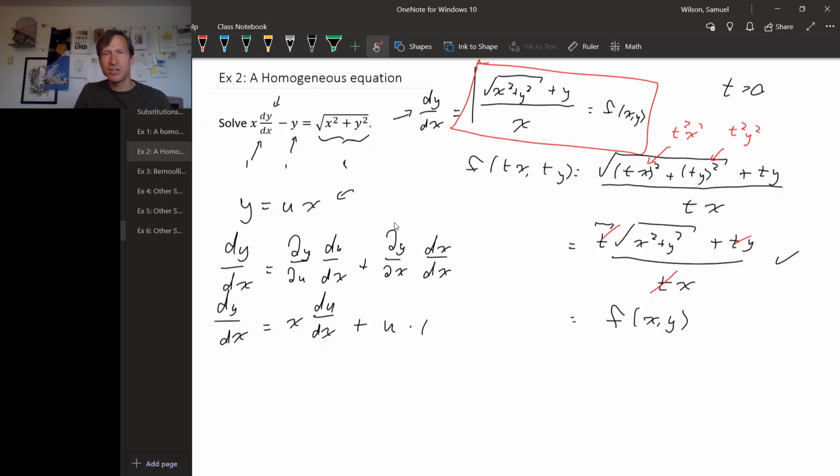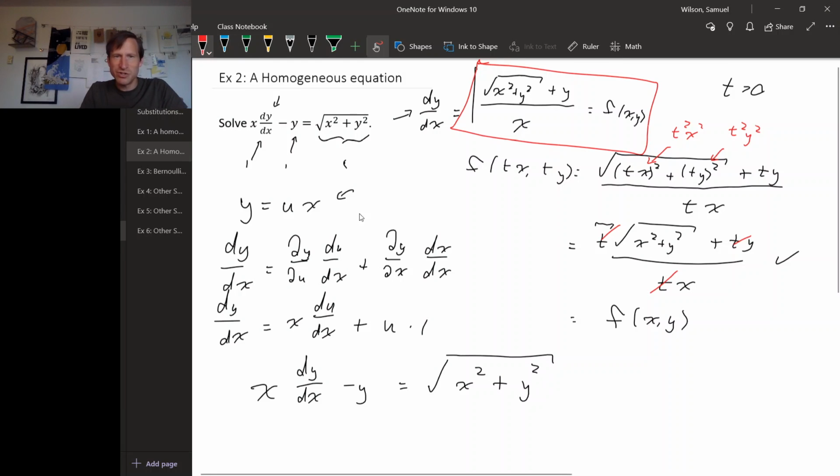And now we can do the substitution. We could do the substitution in our rearranged version of the equation over here, but we can also do it with the original equation. It turns out it doesn't matter. So let me take our original differential equation, x times dy/dx minus y equals the square root of x squared plus y squared. And now let's do our substitution.